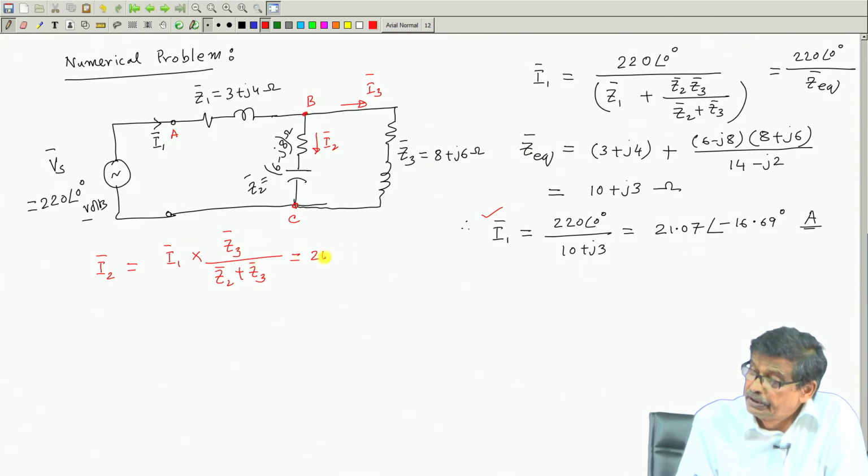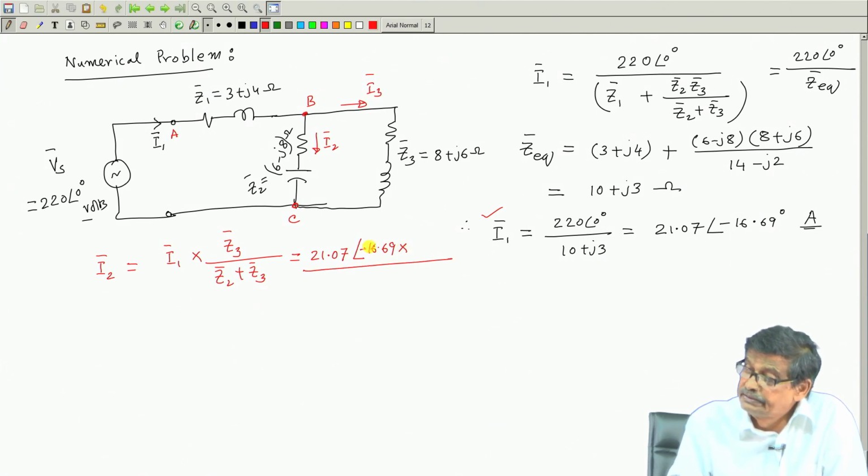So, 21.07 and angle minus 16.69, and this into, in the numerator, Z 3, which is 8 plus J 6, divided by the sum of these two, which is 14 minus J 2.